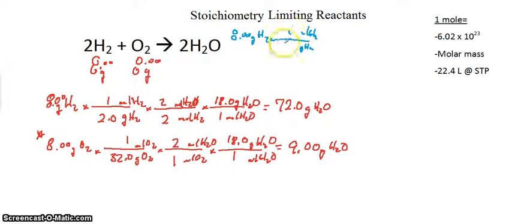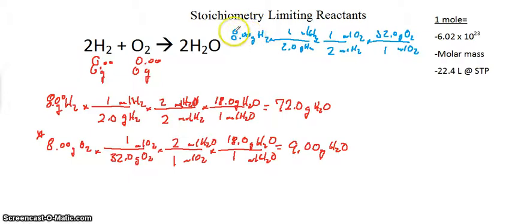H2, and again that's 2.0, and then I'm going to go from moles of H2 to moles of O2, the other reactant, and for this I use the coefficients from the balanced equation, and then I go from moles of O2 to grams of O2, and again that's going to be 32 over 1.